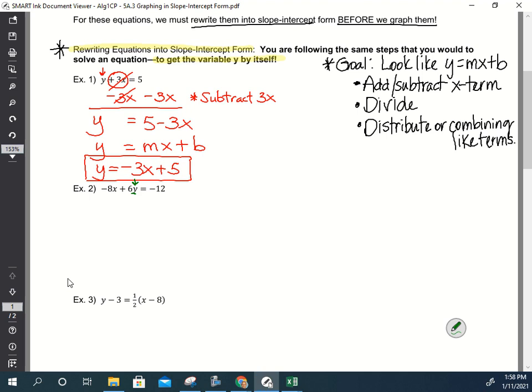So there are 2 things that need to happen. What do we need to do first? So we've got to get rid of this negative 8. So the x has to move first. So how do we get rid of that negative 8x? So we're going to add it. Add 8x to both sides.